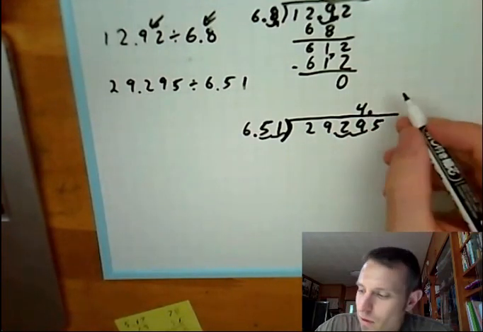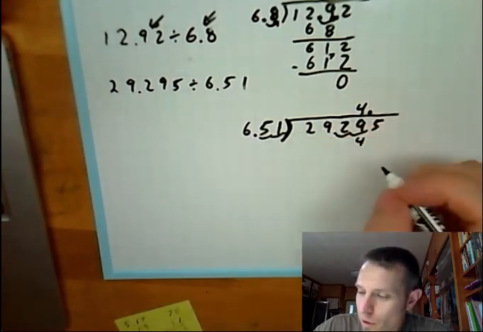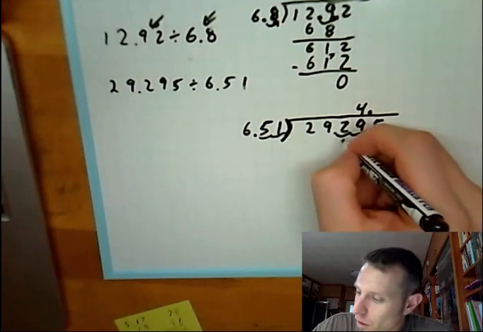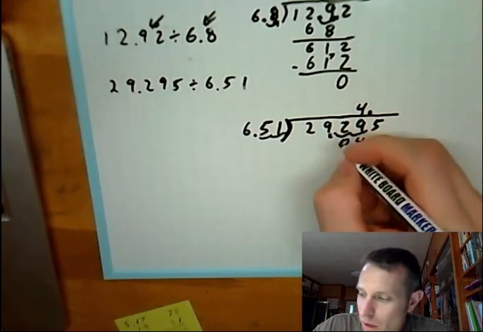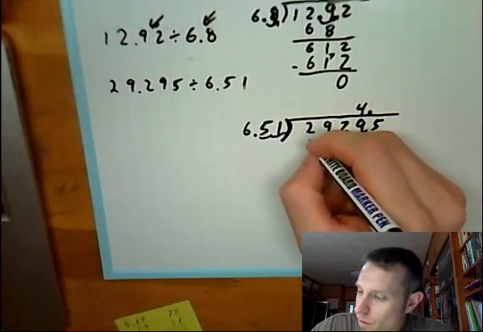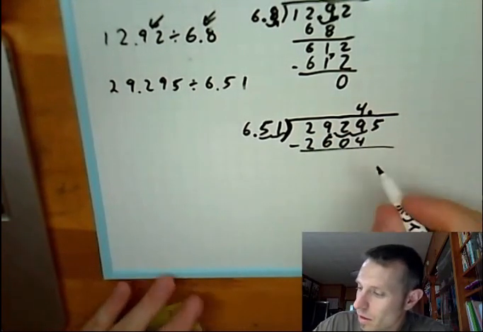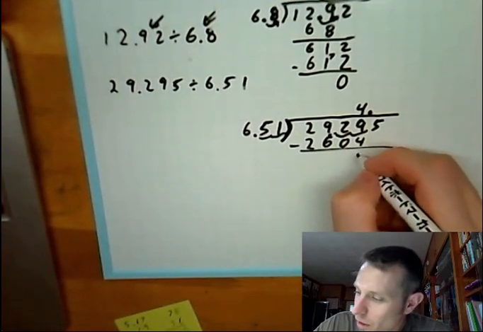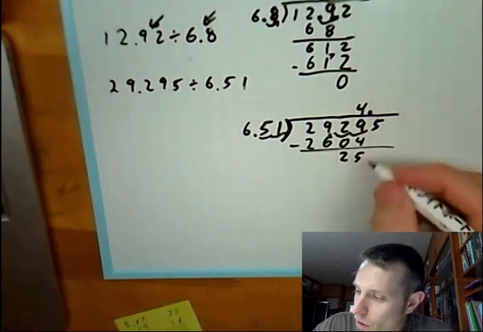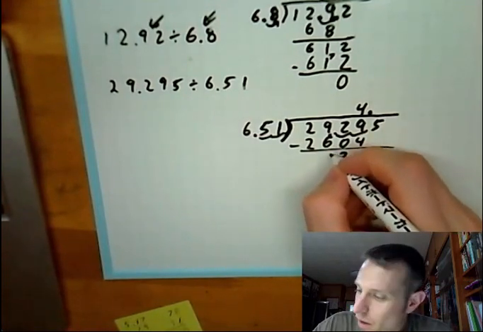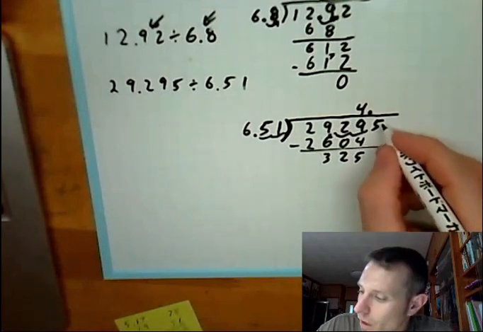So let's try 4. 4 times 1 is 4. 4 times 5 is 20. And 4 times 6 is 24, plus that 2 would be 26. Let's subtract this out. 9 minus 4 is 5. 2 minus 0 is 2. 9 minus 6 is 3. And 2 minus 2 is 0.